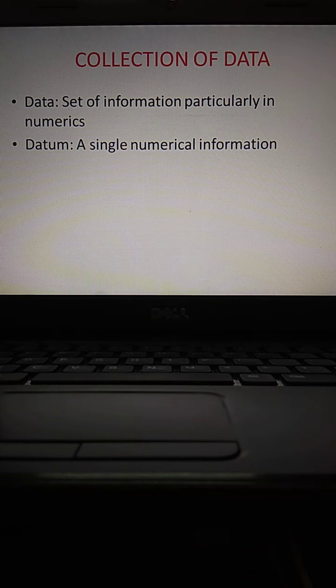As far as the collection methods are concerned, before that we need to segment the data into two very important categories. One category is known as the primary data and one more category is known as the secondary data. Today we are going to discuss what we mean by primary data and secondary data, what methods are available, and what the advantages and disadvantages are.